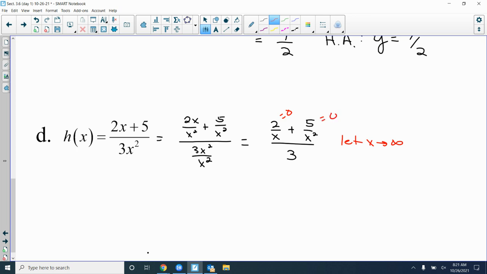All right, what am I left with? On top, you really are just left with 0 over 3, which is what? 0. So my horizontal asymptote is y equals 0.